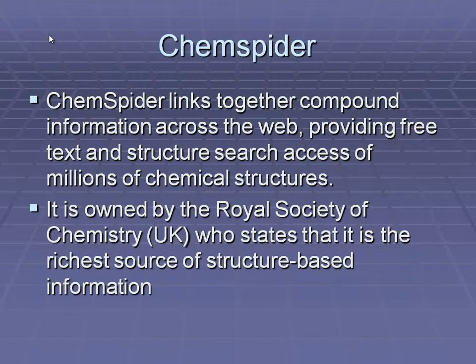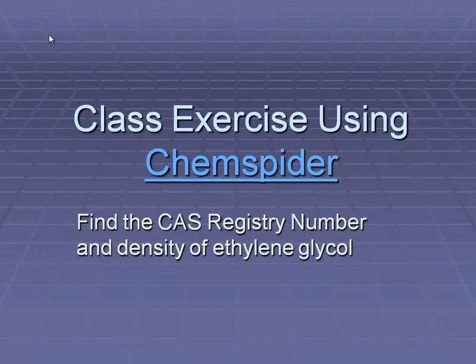Okay, ChemSpider. ChemSpider is relatively new. It's free, with the exception of Novel and SciFinder. Everything on that page is free. Anybody can use it. It's run by the Royal Society of Chemistry in the United Kingdom. You can search on, I think, a couple of million substances at least.